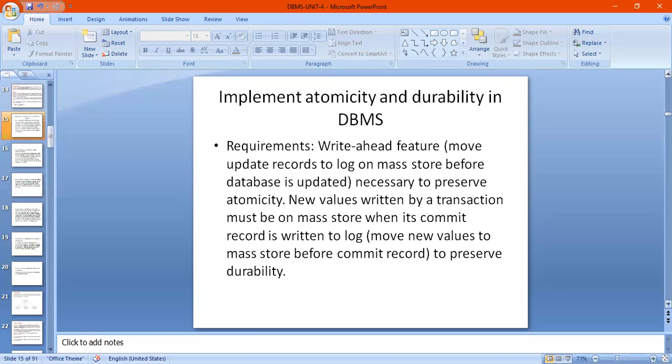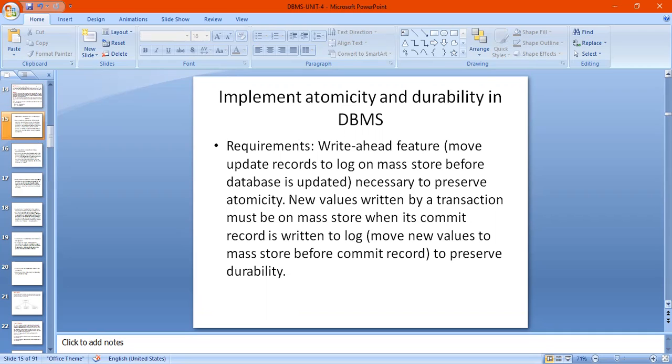So new values written by the transaction must be on the mass store when it commits. Move new values to mass store before commit record is written to log to preserve durability.